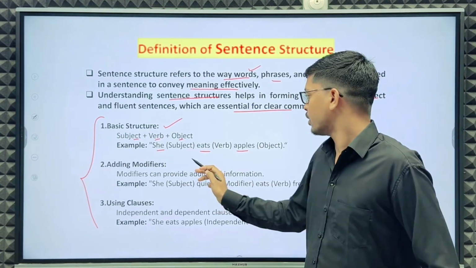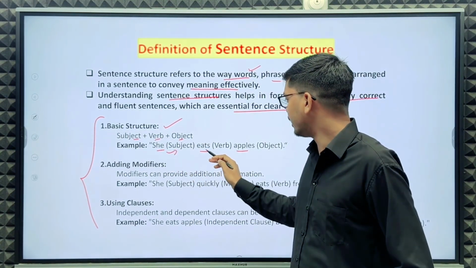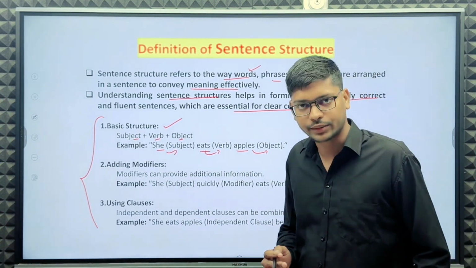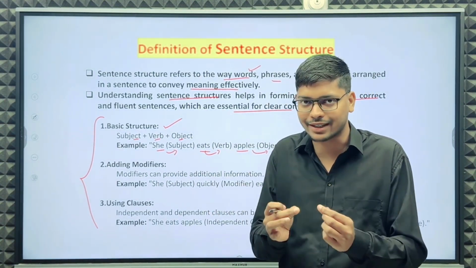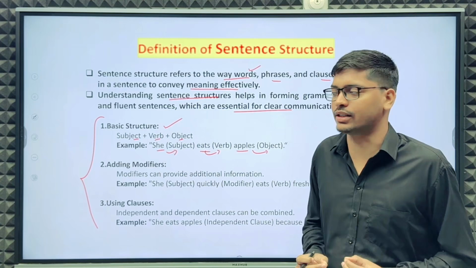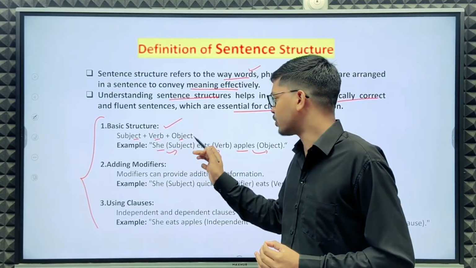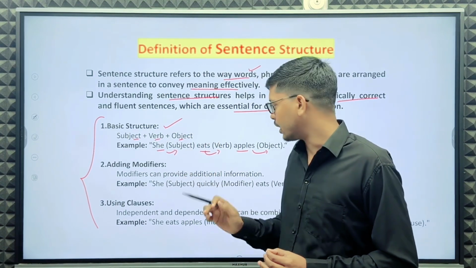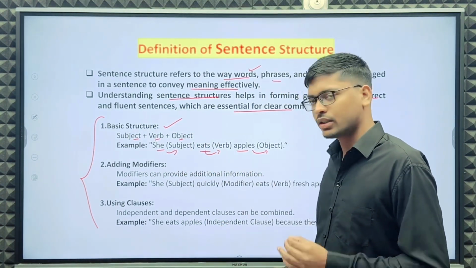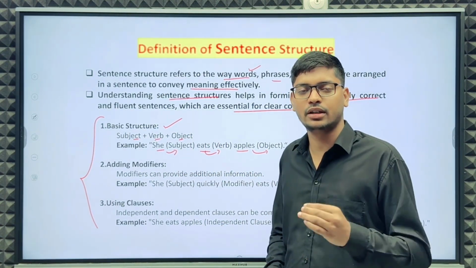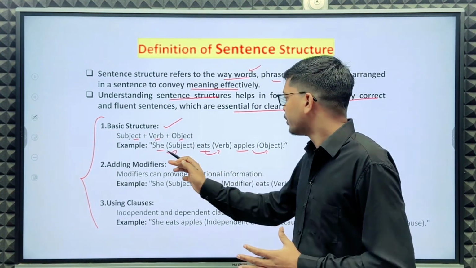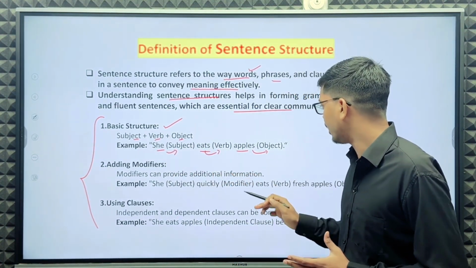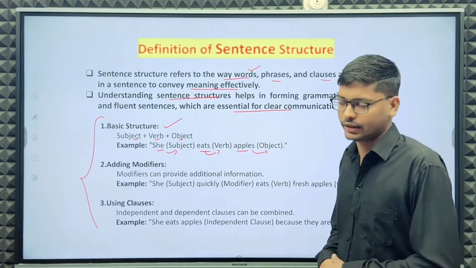In this sentence, she is the subject, eats is the verb, apples is the object. So you understand, basic sentence structure is subject plus verb plus object.